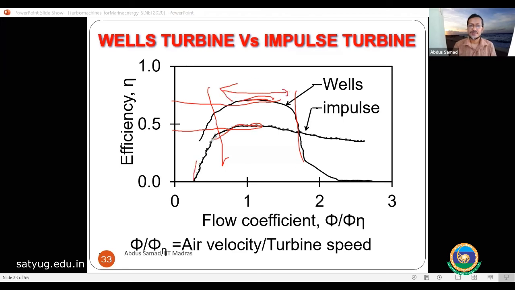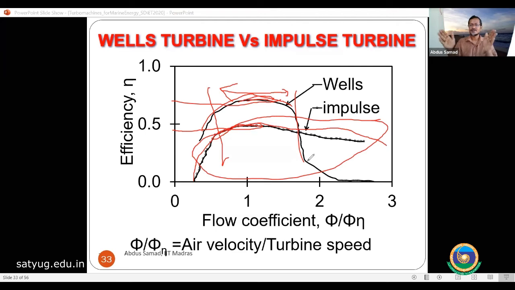But impulse turbine has lower efficiency but a larger operating range. So sometimes people prefer this one because we need a large amount of air to give power. Sometimes people say, take maximum efficiency or maximum power possible, then discard the small velocity or very high velocity areas. I'll not go into this debate now. I'll focus only on Wells turbine now.